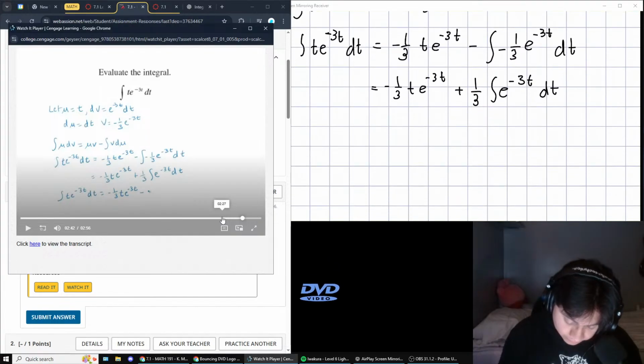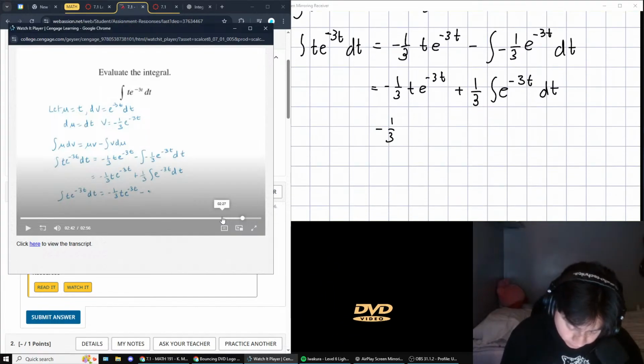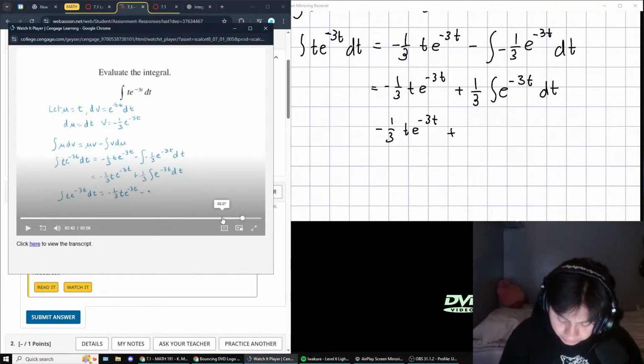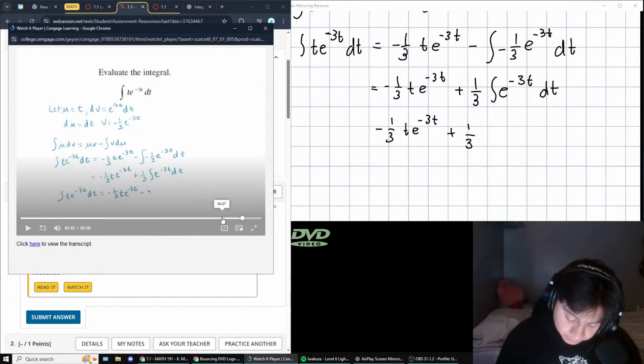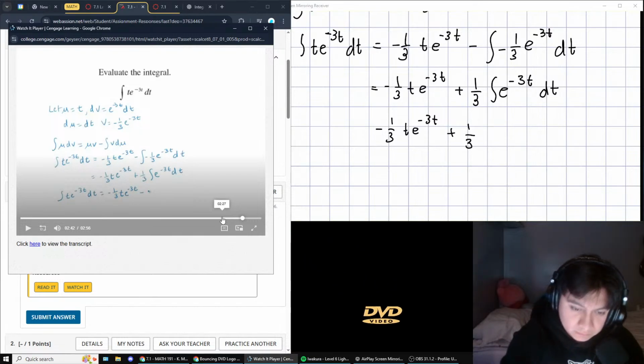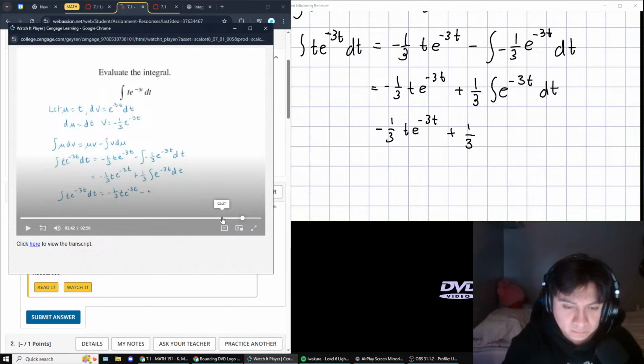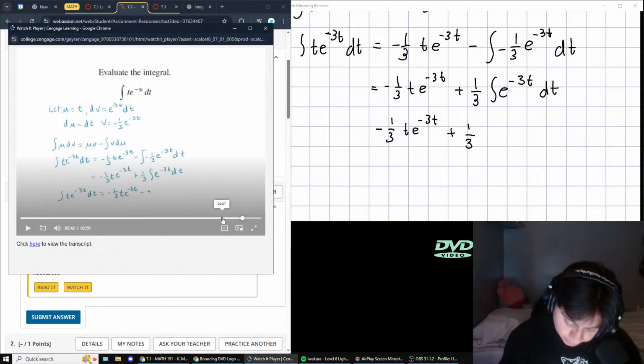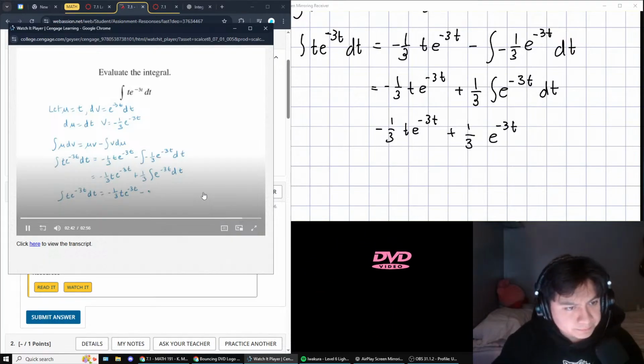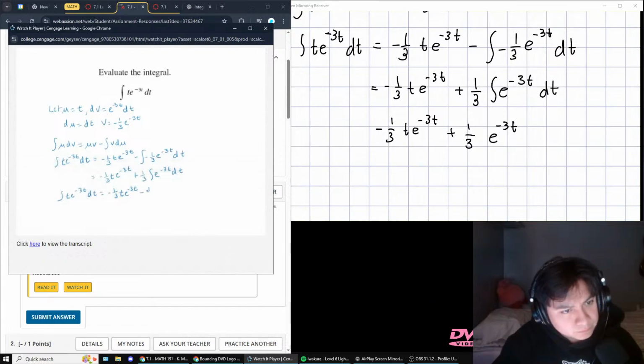Okay, so then negative 1/3 t e to the negative 3t plus 1/3. You integrate, so then you get e to the negative 3t over negative 3, so that's going to be 1/9 e to the negative 3t.